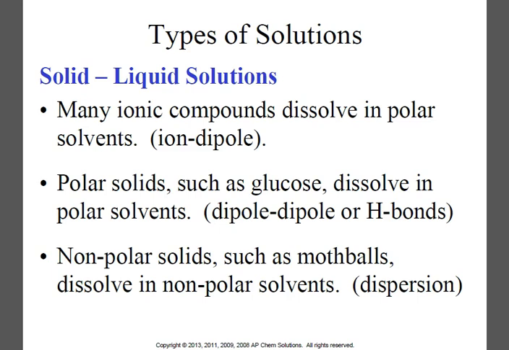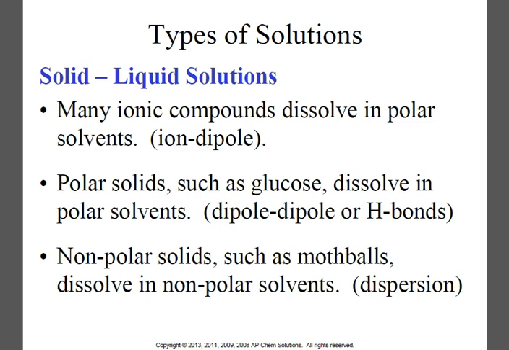All right, moving on to another type, we can dissolve a solid in a liquid. For example, salt will dissolve in water. So there are 3 types here of solid liquid solutions. We have an ionic compound that can dissolve in a polar solvent like water. So that is going to create your ion dipole attractions, and those are favorable, so we can create those types of solutions.